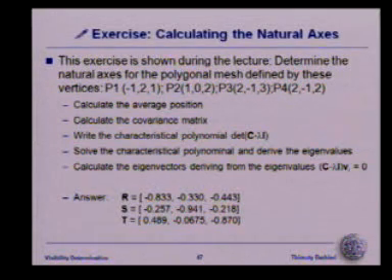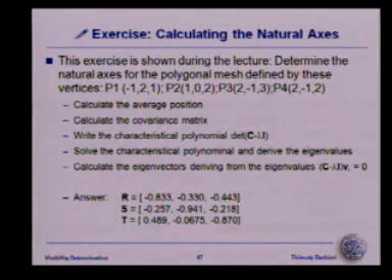Which are the steps? The first step, you calculate the average position. The second step, you use the average position to build the covariance matrix. This covariance matrix will not be diagonal. It means that you need to find out the natural axes.